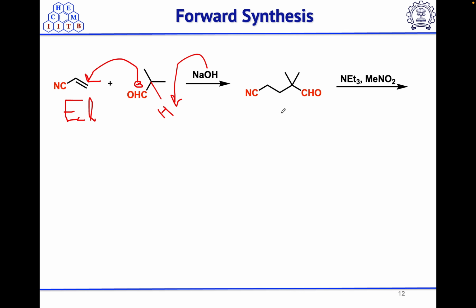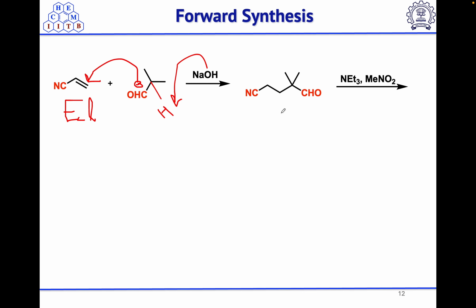Now the next reagent is drawn here. So what will be the next product? Nitromethane with triethylamine as the base. Okay, nitromethane is the reagent. Pretty easy.